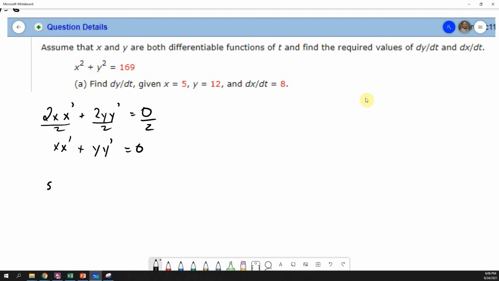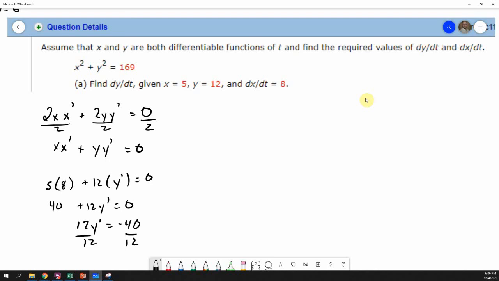So if x is 5, x prime is 8, y is 12, y prime equals 0. 8 times 5 is 40 plus 12y prime. Move the 40 over and divide by 12. You get y prime equals, let's see, both of these are divisible by 4 for sure. 3 and 10, yeah, so negative 10/3.